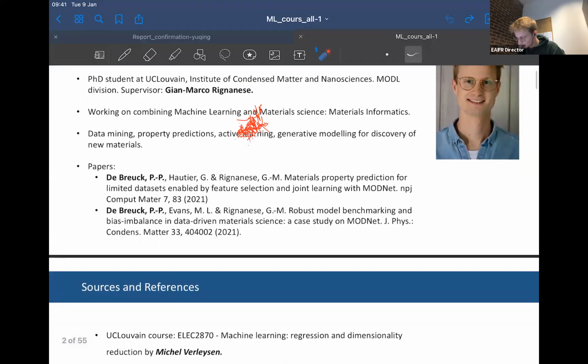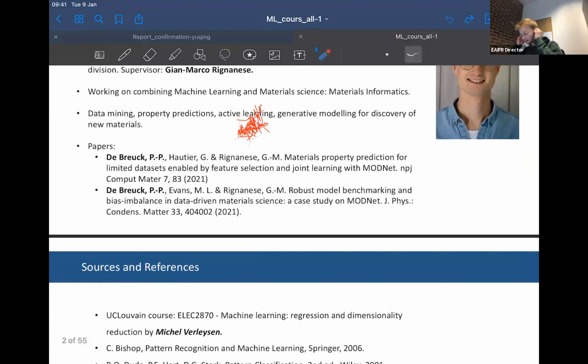Maybe later in this lecture, I will present you a bit about my work. We have built a neural network for material property prediction, which is called ModNet, and we've also worked a lot on the issues of bias and imbalance in material science and how we can include uncertainty into model predictions.